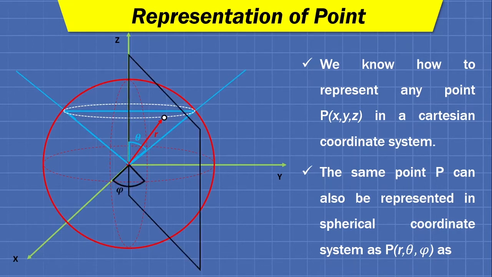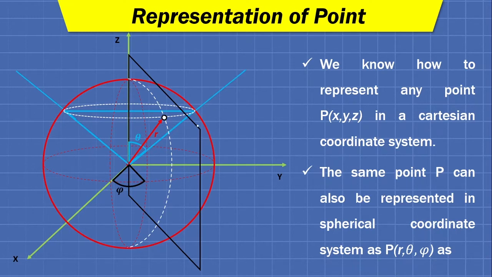Now this is our third surface of interest, which is a half plane perpendicular to the xy plane and making angle phi with respect to x. And this plane, this black one, is going to intersect the sphere in a semicircle or half circle. So this dotted line represents the intersection of the black and red surfaces.